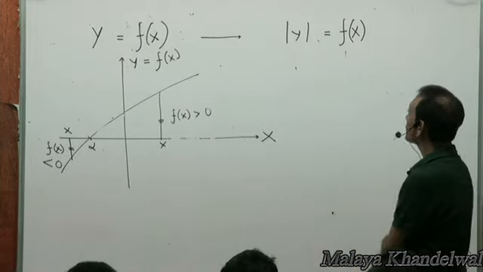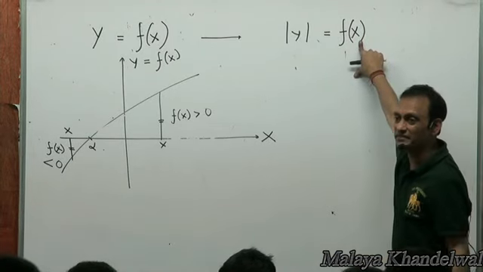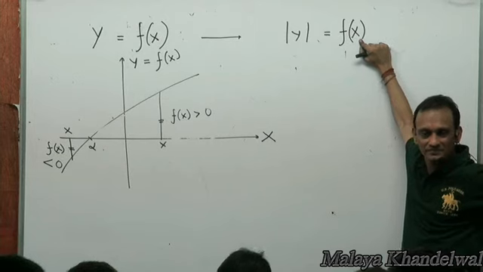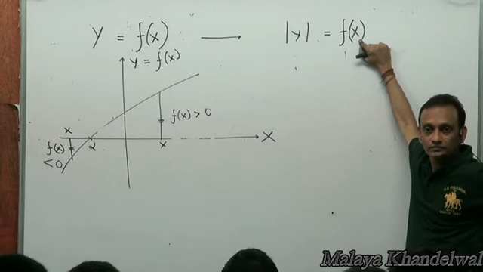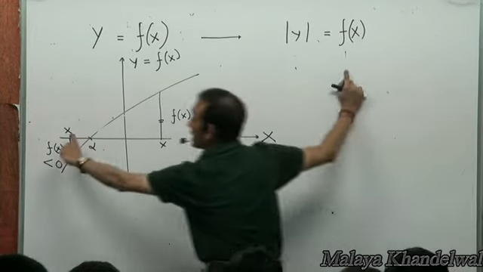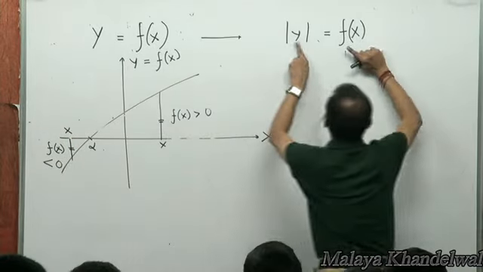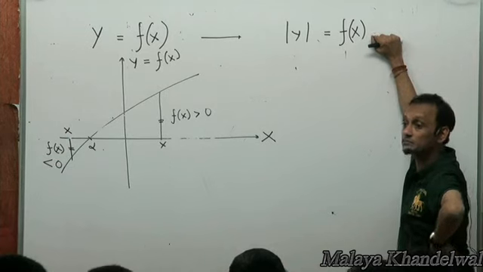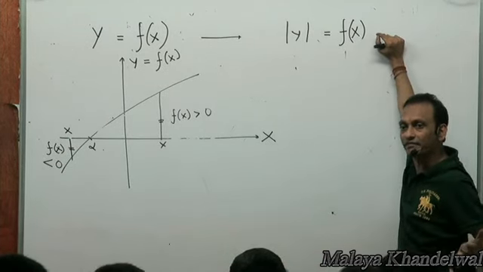Now, whenever f(x) is negative, can I find a y such that mod y is a negative number? Whenever f(x) is negative, for this x, can I find a y such that mod y is negative? No, I can't. Can mod y ever be negative?